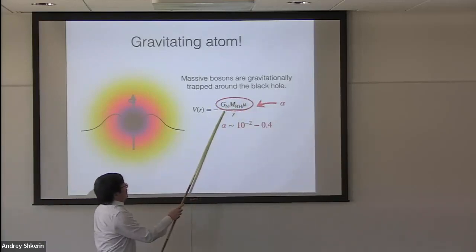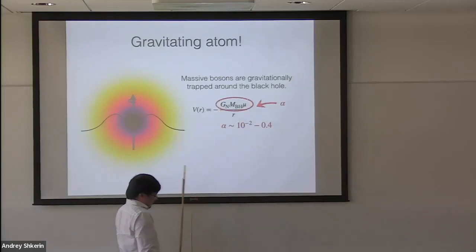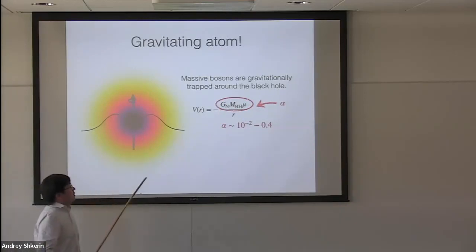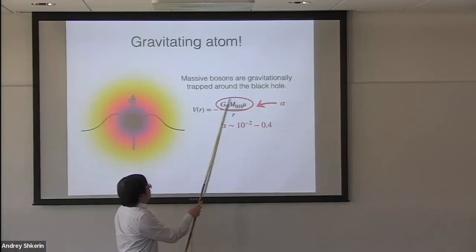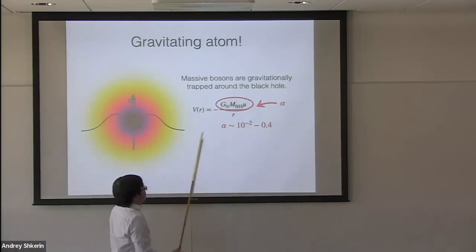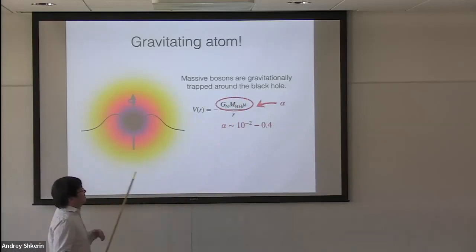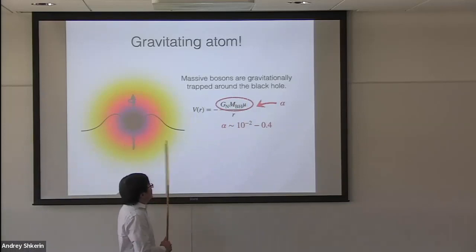This combination is analogous to the fine structure constant in electromagnetism. So you should treat this potential as basically like the electrostatic potential around a proton and study the electron wave function around it.